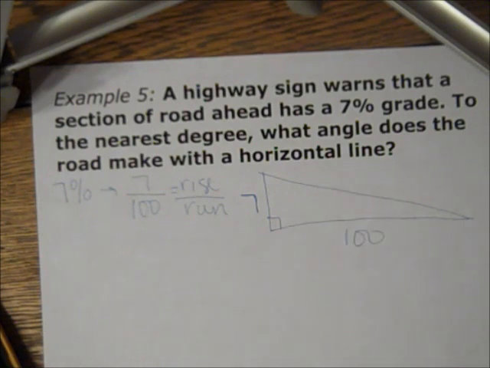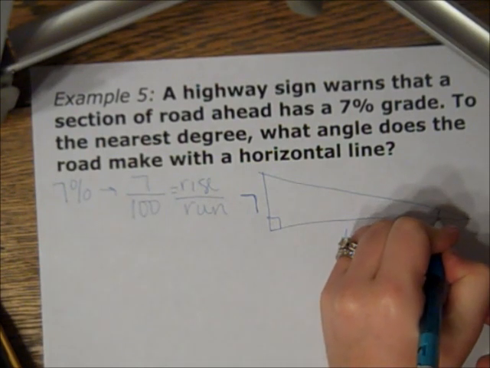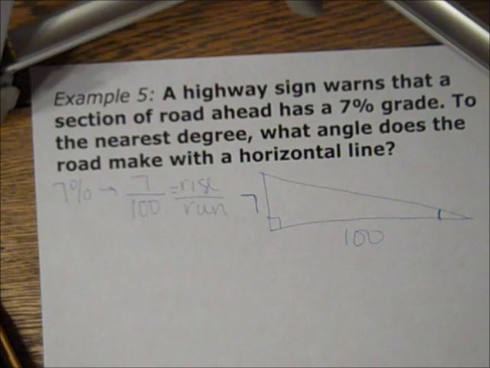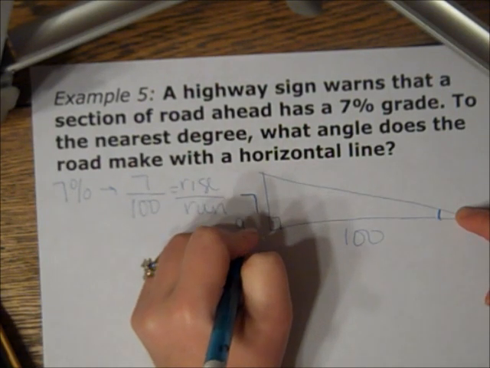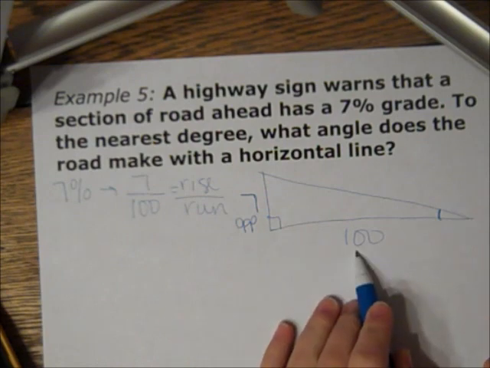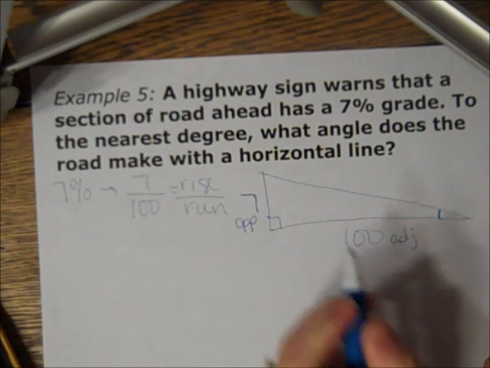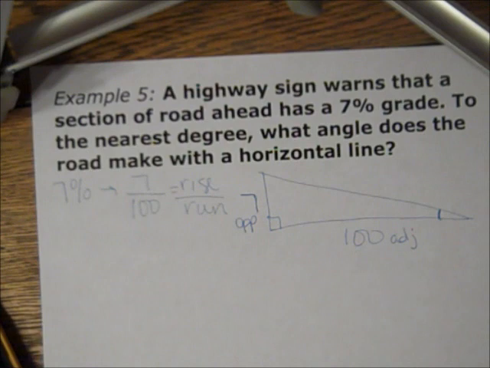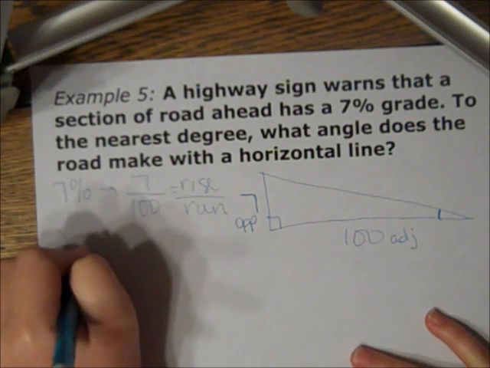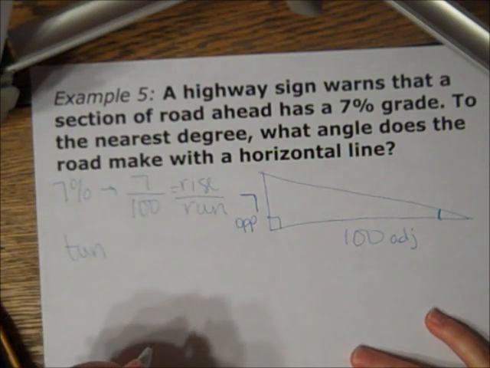Then the question says, what angle does the road make with the horizontal line? So it's asking, who's this over here? So then you label. According to this angle, 7 is opposite, and 100 is adjacent. So that leads me to do trig. Now here's the key. Anytime you have this, tangent is going to be your way to go.